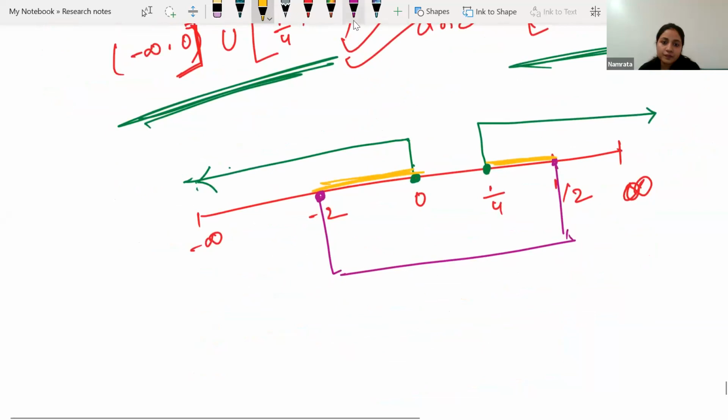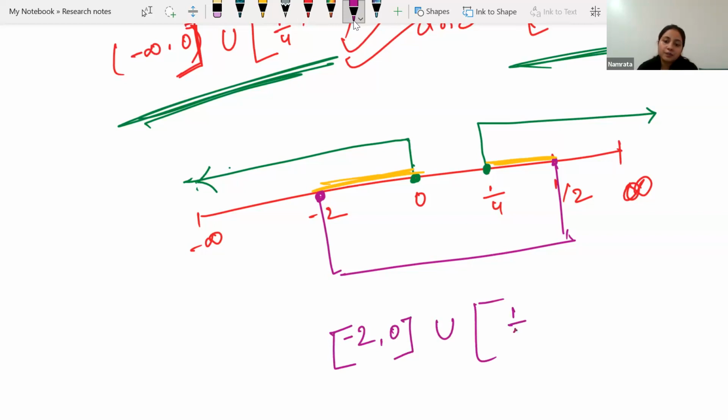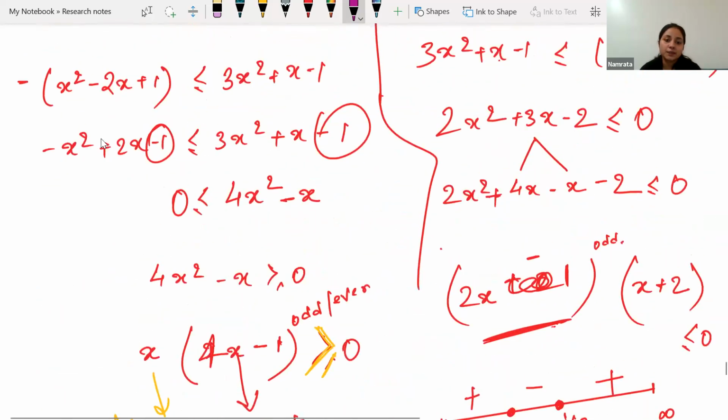So the intersection of both the solutions will be -2 closed interval to 0 union 1 by 4 closed interval to 1 by 2. This is the solution set we got from the sine inverse case.